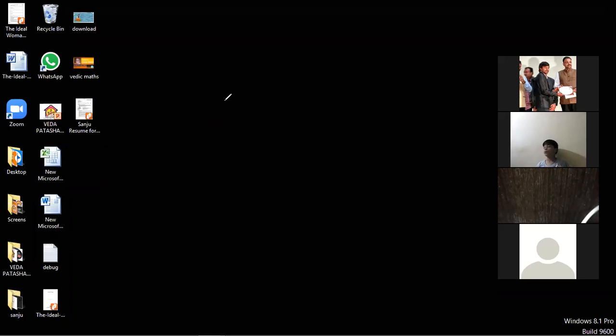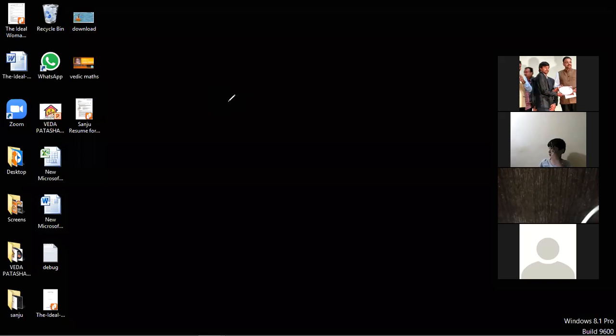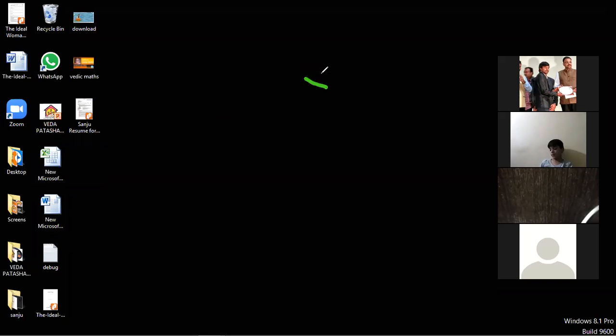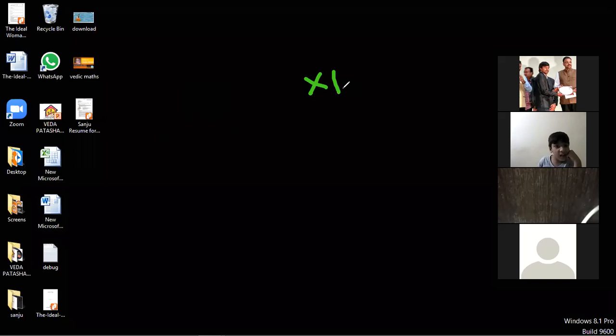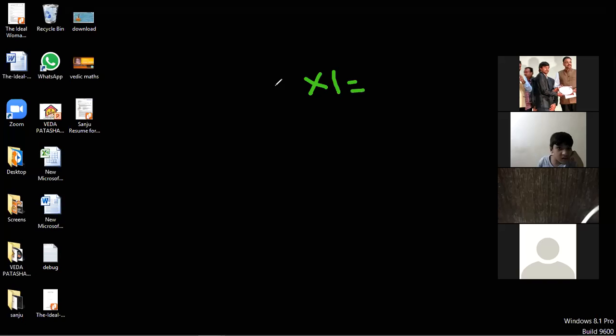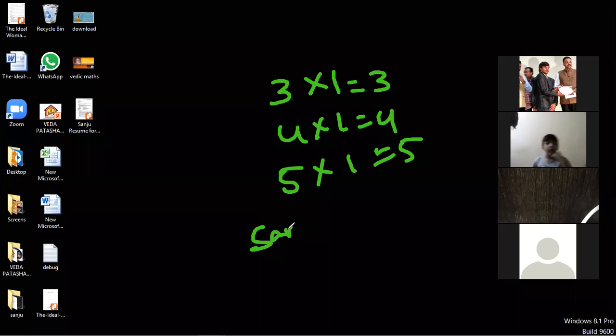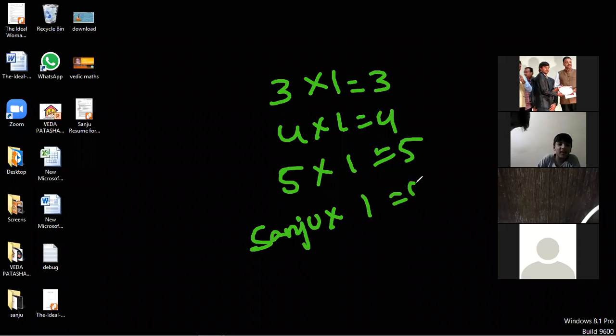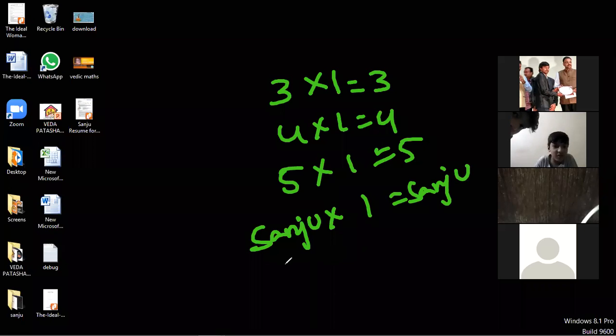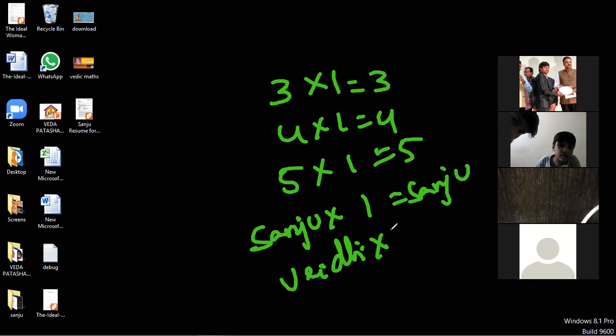For example, there is a rule that whenever you multiply with one, whatever you multiply with one, the same number will be the answer. For example, 3 times 1 is 3, 4 times 1 is 4, 5 times 1 is 5, and Sanju times 1 is also Sanju, and Vriddhi times 1 is also Vriddhi.